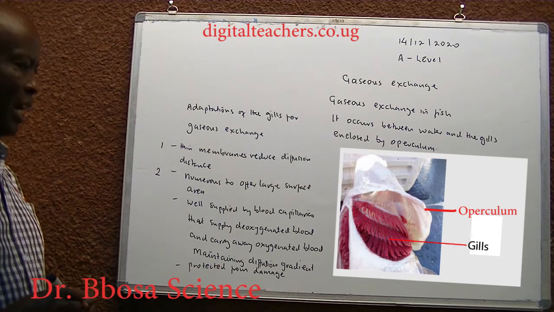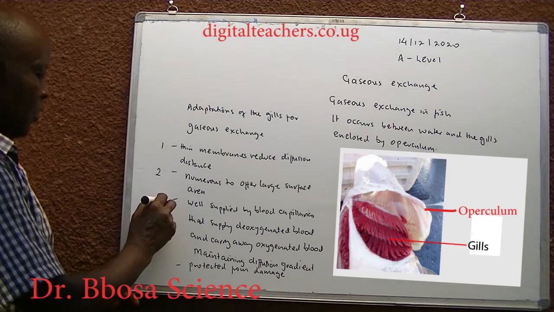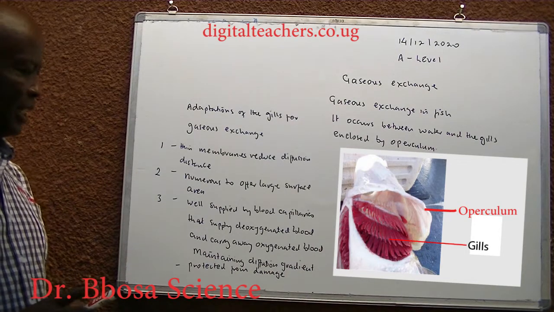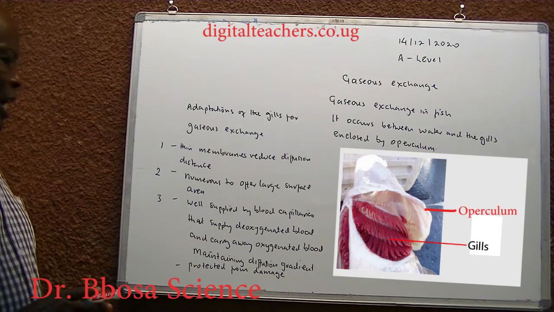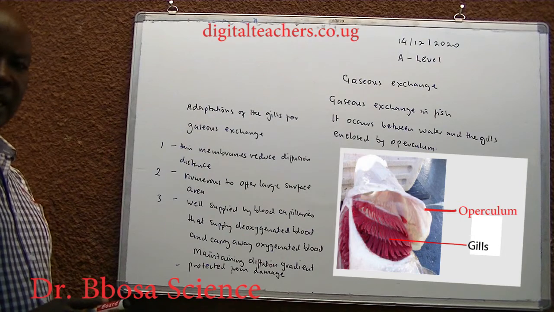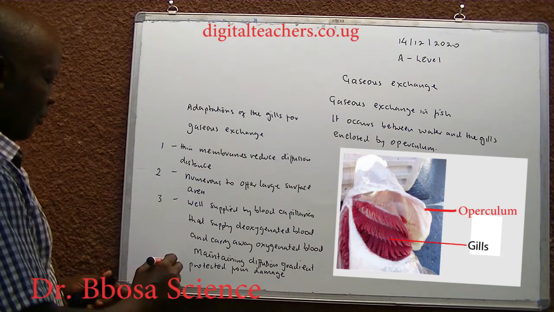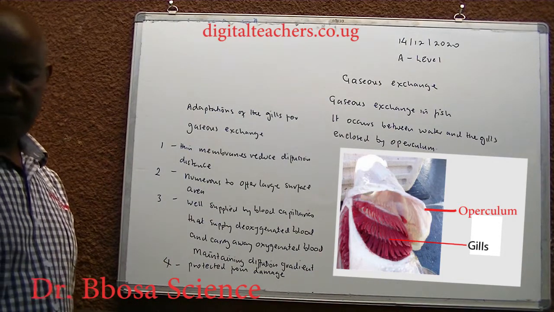Numerous to offer a large surface area. 3. Well supplied by blood capillaries that supply deoxygenated blood and carry away oxygenated blood, maintaining the diffusion gradient. 4. They are protected from damage.